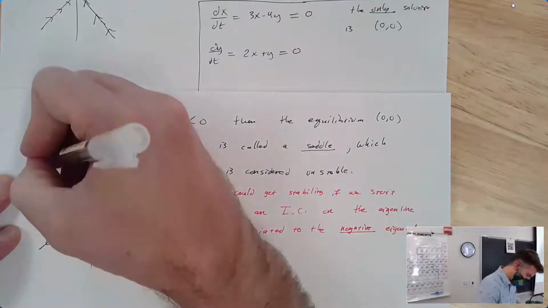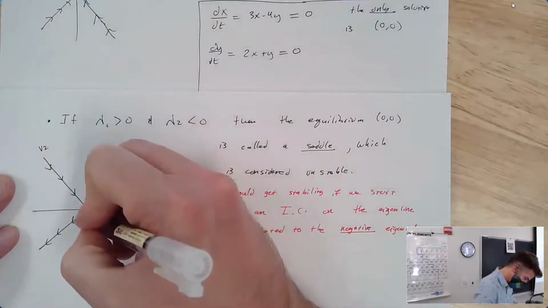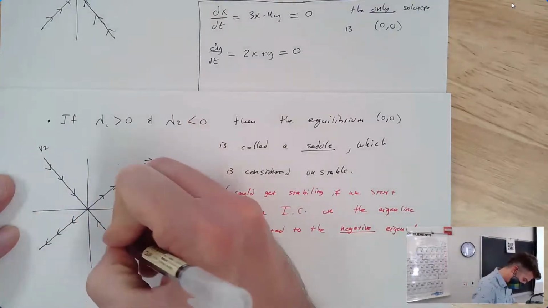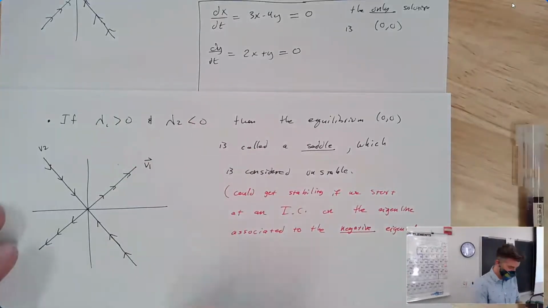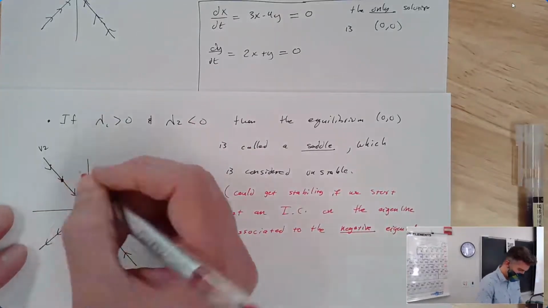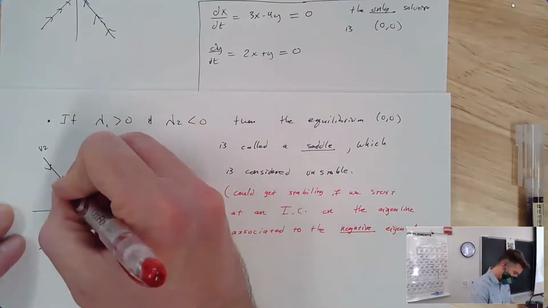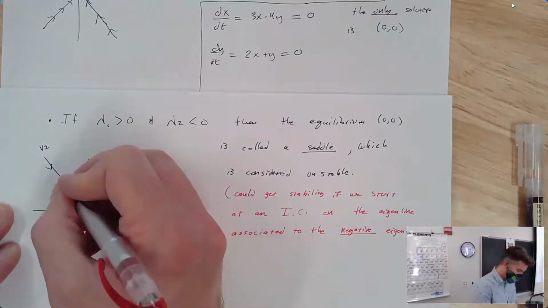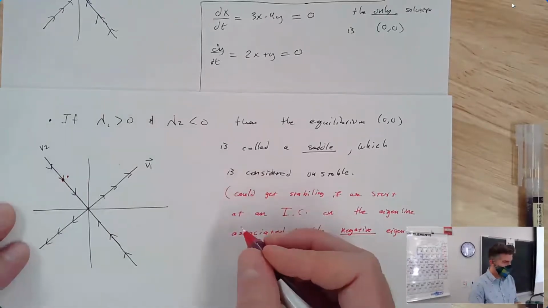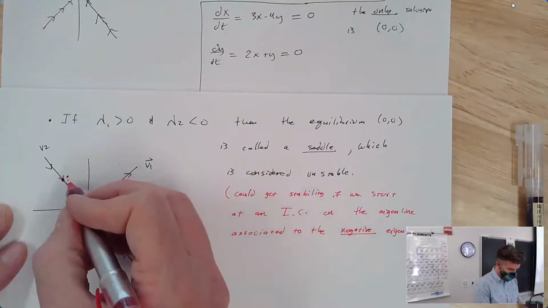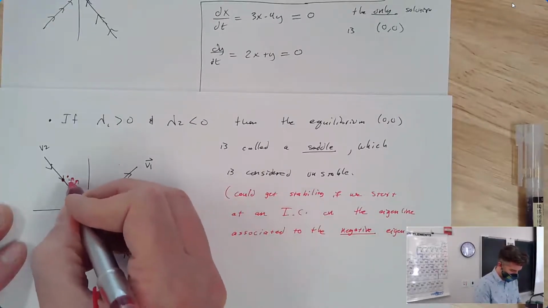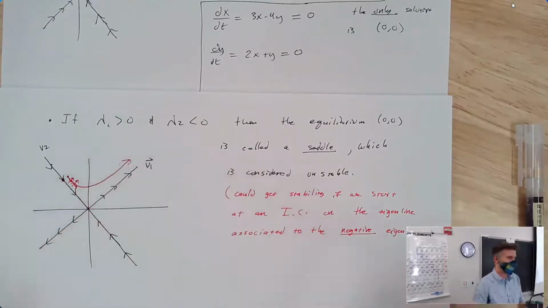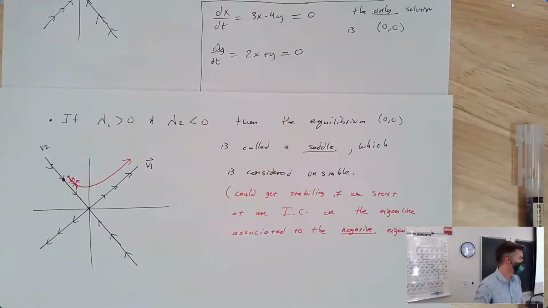And the second one has a negative eigenvalue, so we're pushing in on that. If your initial condition happens to start you right there, great. You're going to end up going towards the origin. But if you even start just a little bit off of it, then yeah, you're pushing that way, but you're also getting pushed that way as well. So you're kind of going, oh no. What happens?